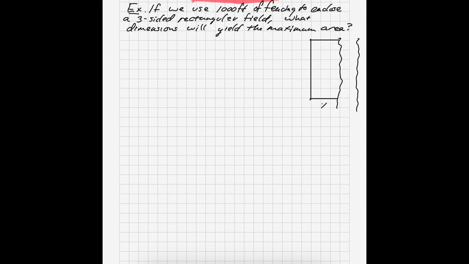Okay, so then let me label the sides. I'd like to use X, X, and Y. And then let me see what information I have. I know I have 1,000 feet of fencing to enclose the field. So that would mean if I add my two X sides with my Y side, that has to total my 1,000 feet of fencing.